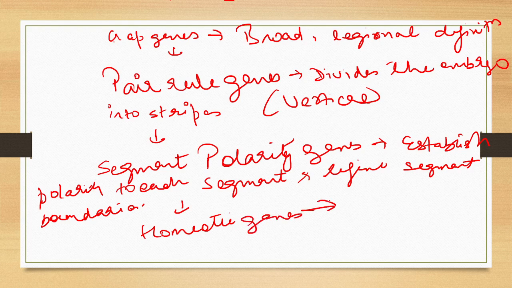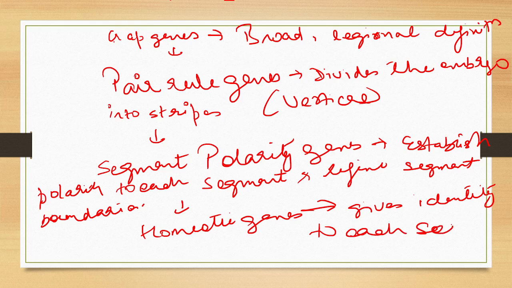And these homeotic genes give identity to each segment. And identity in what form?